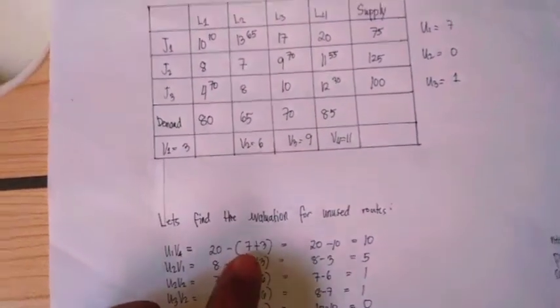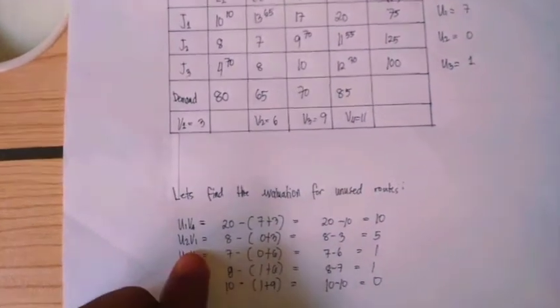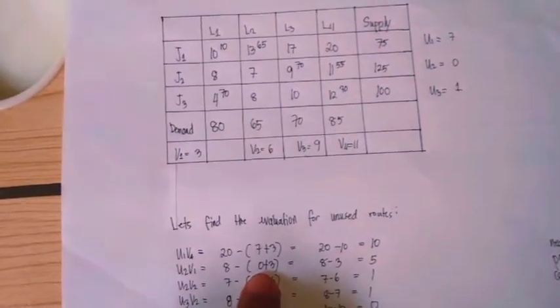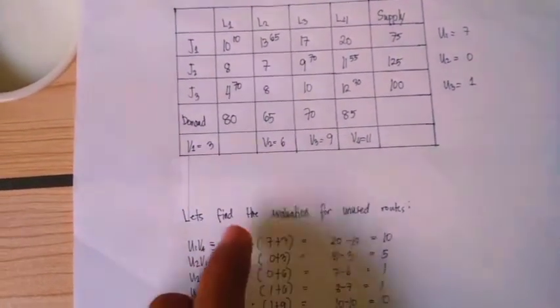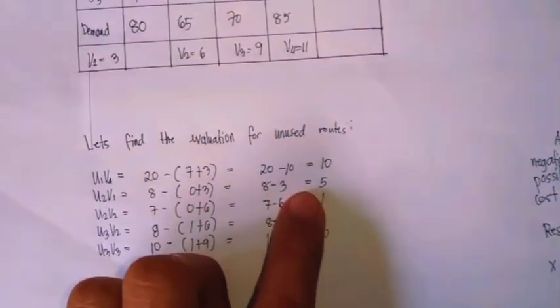For U2 plus V1, the 8 here, minus 0 plus 3, is equal to 8 minus 3, which is equal to 5.